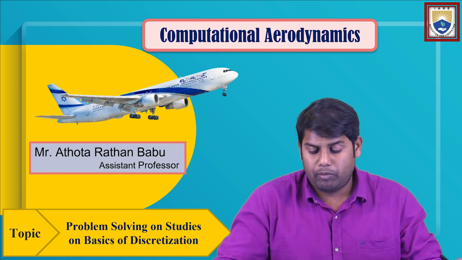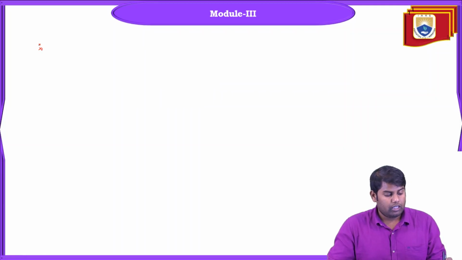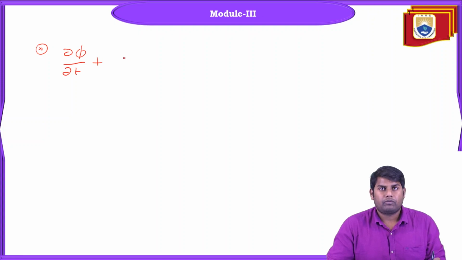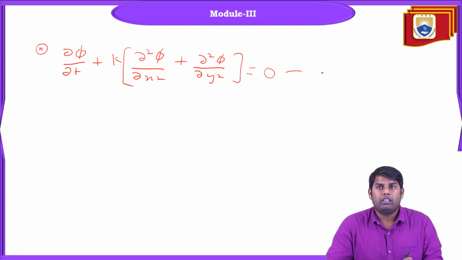So here the problem is, let's take the unsteady Laplace equation: dφ/dt plus, let's say, alpha, or you can take some k, times ∂²φ/∂x² plus ∂²φ/∂y² is equal to 0. For this equation, we need to solve it.